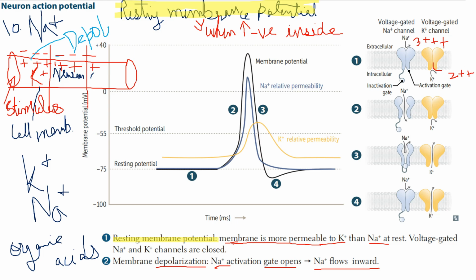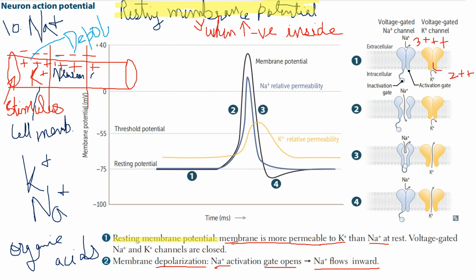This portion is also going to get depolarized. Wherever the impulse is going, it is getting depolarized, making the neuron depolarized. But the area which is getting left behind, let me take another color.